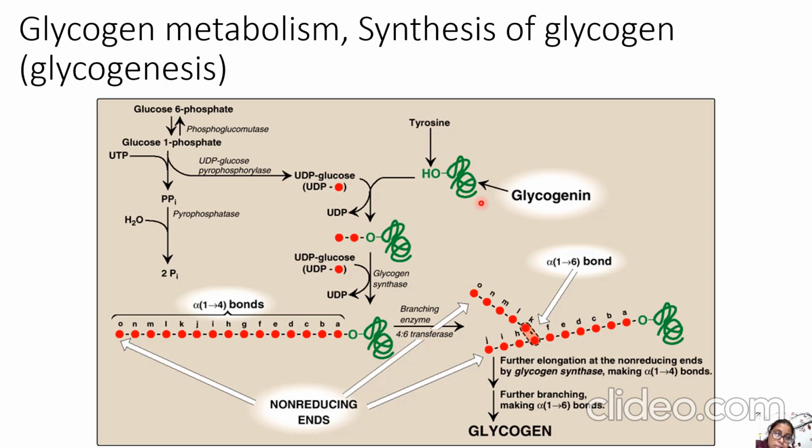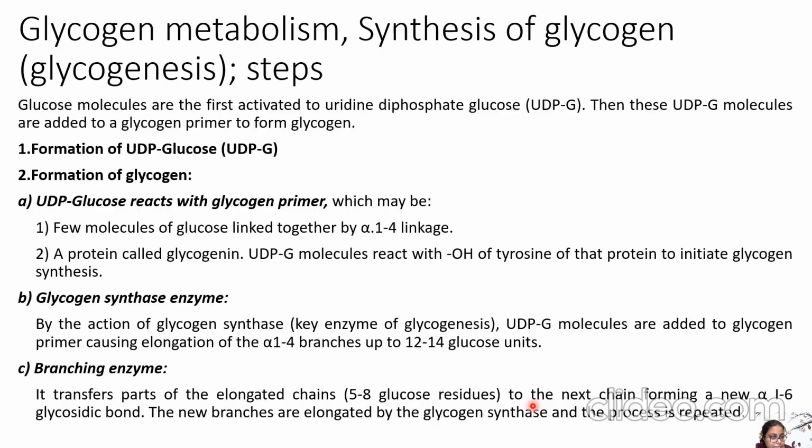There is a tyrosine chain, which is the glycogenin, and glycogen synthase will act on it, and the branching enzyme will be 4,6 transferase. Further elongation at the non-reducing ends is where glycogen synthase makes alpha 1,4 bonds. Further branching makes the alpha 1,6 bonds. That is how glycogen synthesis happens, basically.